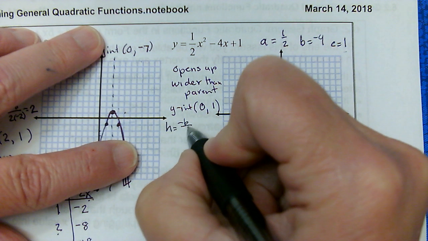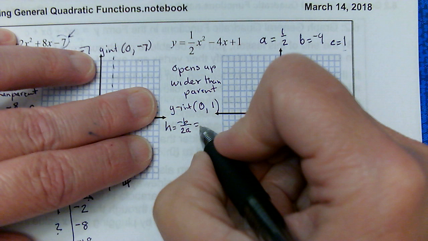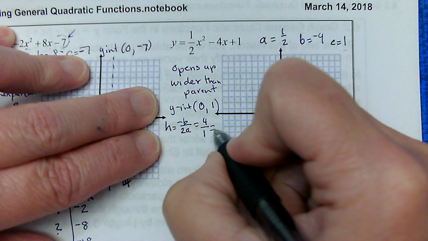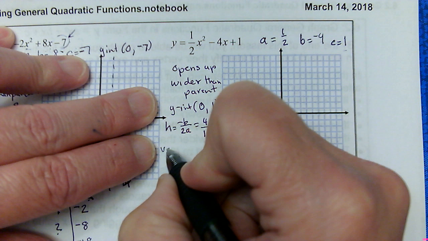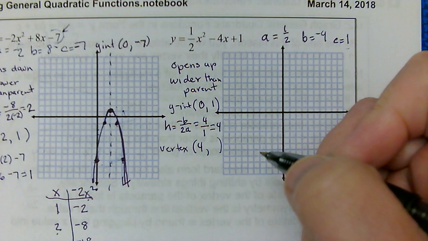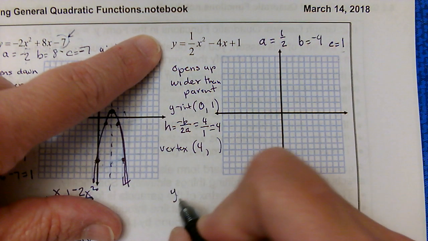The x-coordinate of my vertex is negative b over 2a, so that's going to be positive 4 over 2 times 1/2, which is 1. So the x-coordinate of my vertex is 4. And then to find the y-coordinate, I plug 4 into the equation.